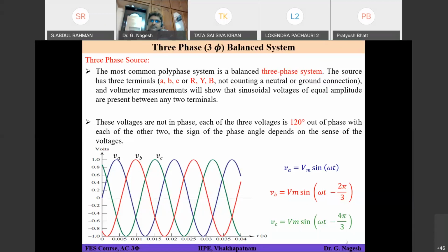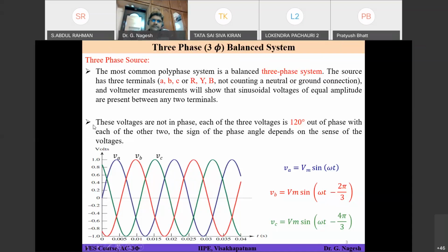Between AB, or BC, or CA, you are going to get a constant voltage value. Obviously, the voltmeter will measure the RMS value of the line voltage, which will be around 440 volts in India. So basically, it will have three terminals and one neutral connection.